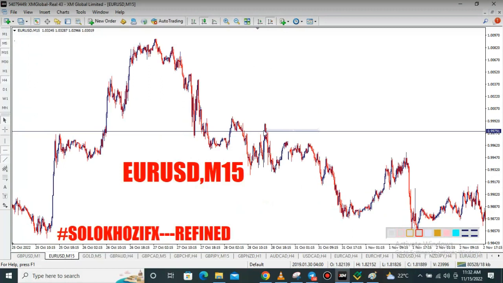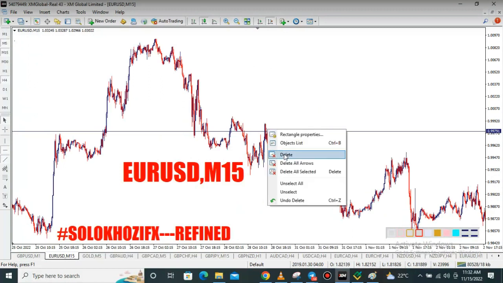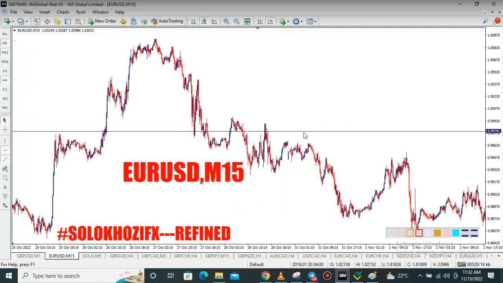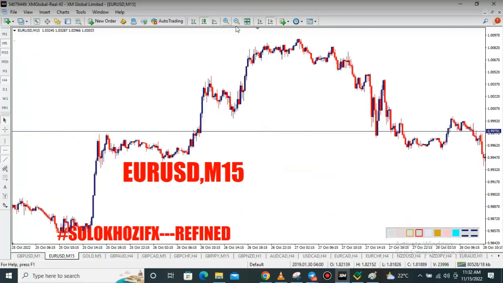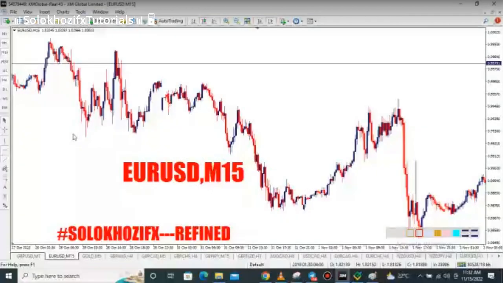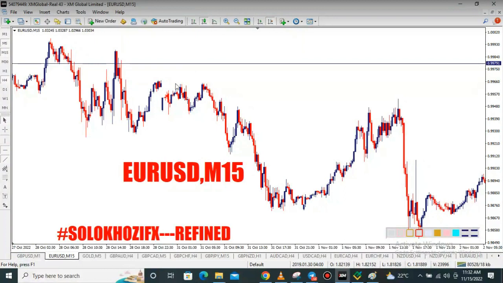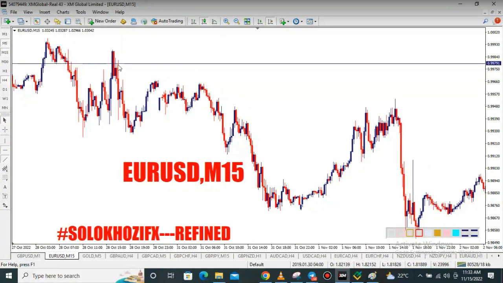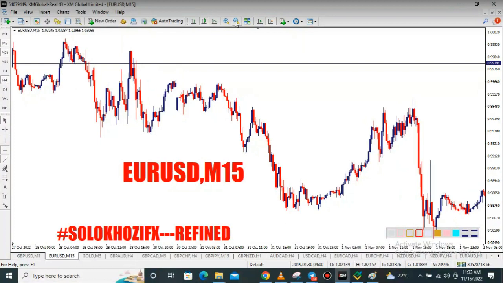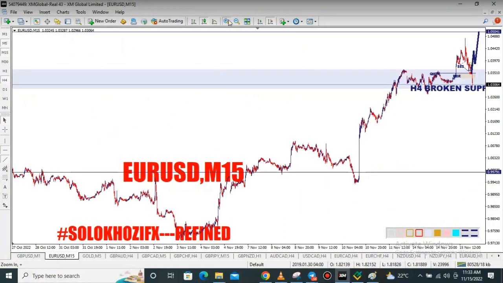Okay, this is not on the supply zone. As you can see, when you spot one and it's not on a proper supply zone, you will see that it has failed. So it's very important to find them around your supply zones. Like this one, when you're zooming in, you'd say it's a proper supply zone, only to find out when you're zooming out that it's actually not.